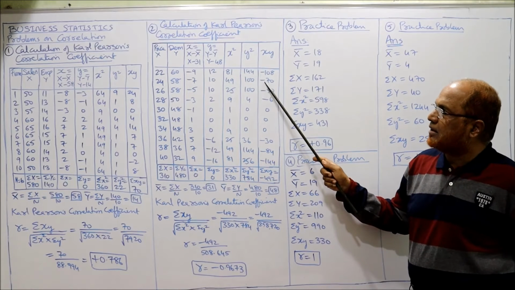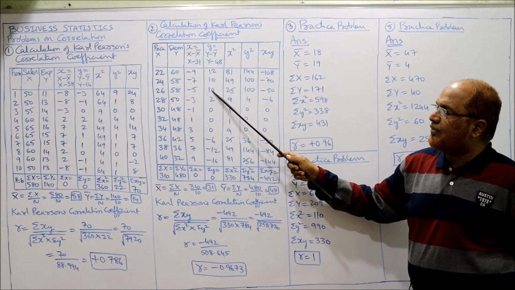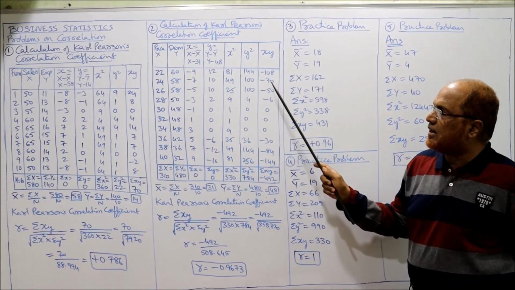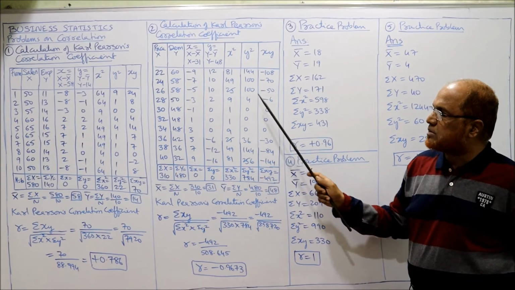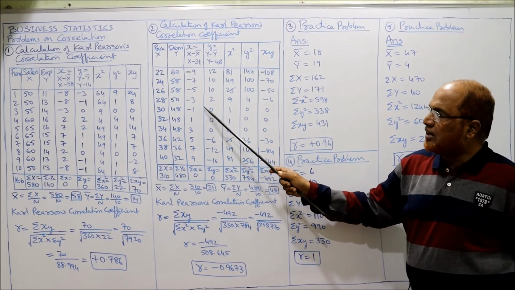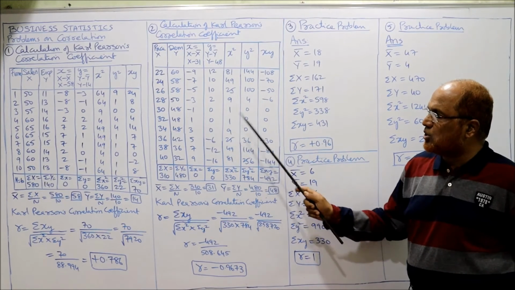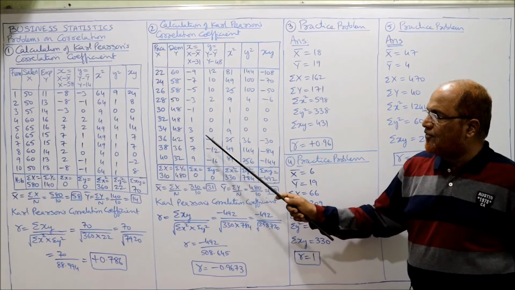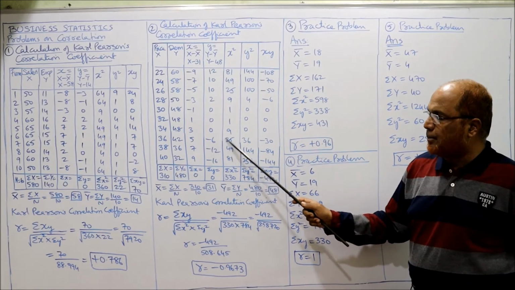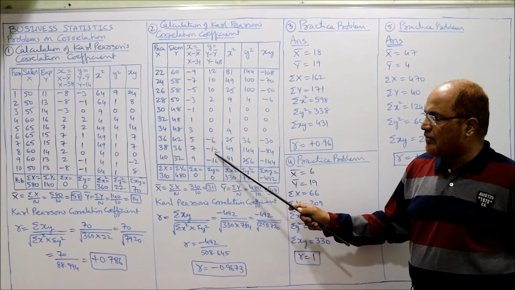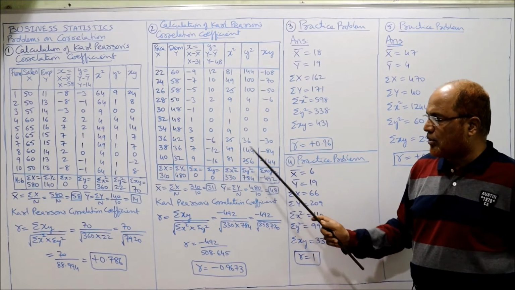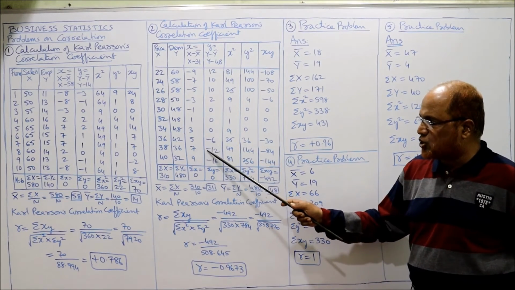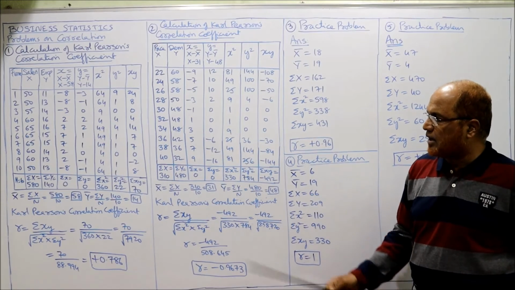Minus into plus, minus. 5 into 10, 50, minus 50. 3 into 2, 6, minus. 1 into 0 is 0. 1 into 0, 0. 3 into 0, 0. 5 into 6, 30, minus 30. 7 into 12, 84, minus 84. 9 into 16, 144, minus 144. Clear? Plus into minus, plus into minus, plus into minus.